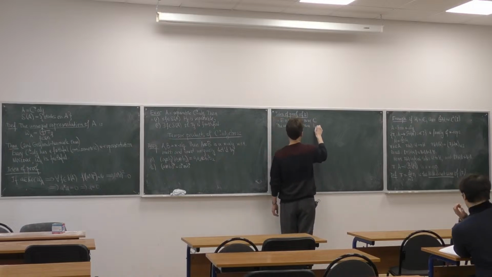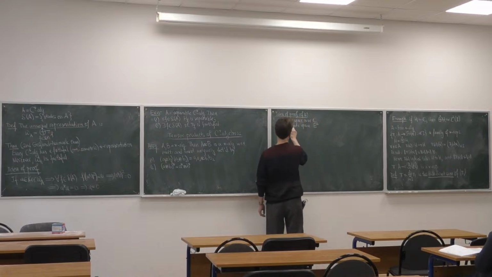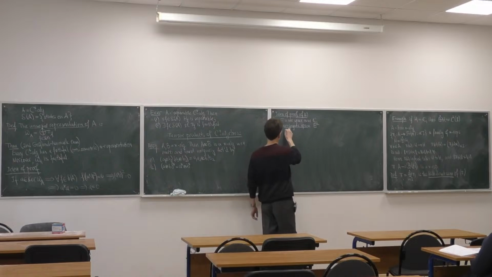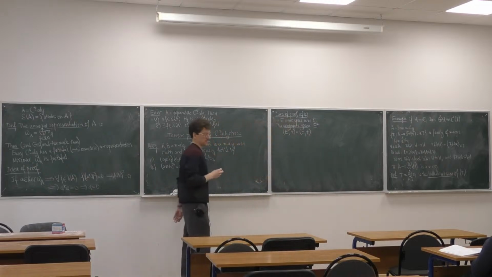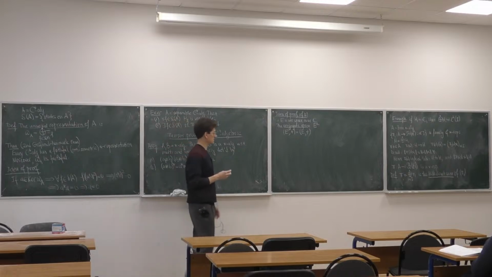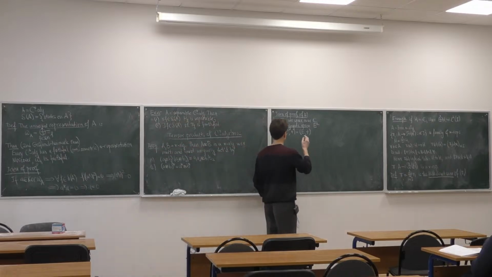Let's denote it by EC. And it is defined as follows. As an additive group, as an abelian group, it is exactly E. But the multiplication by complex scalars is defined as follows.